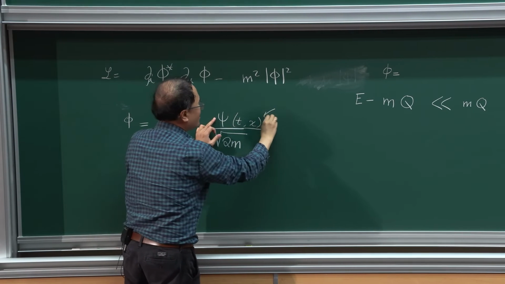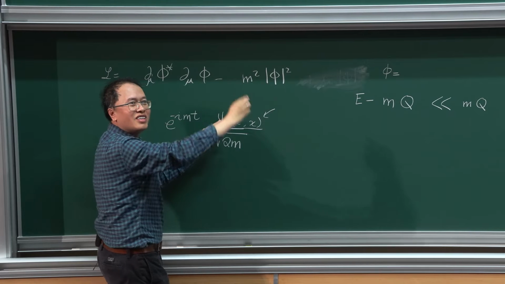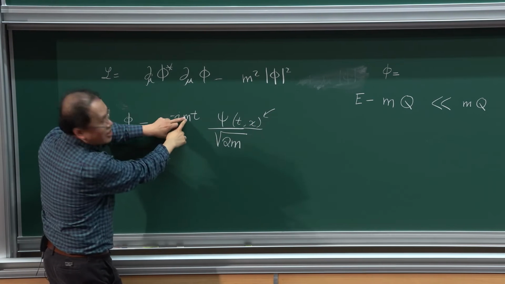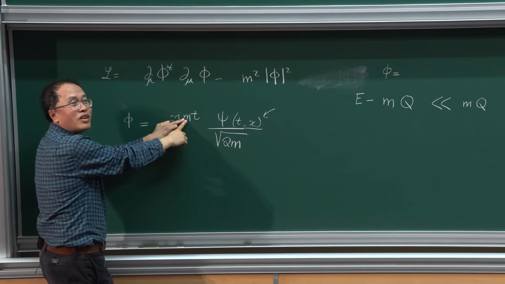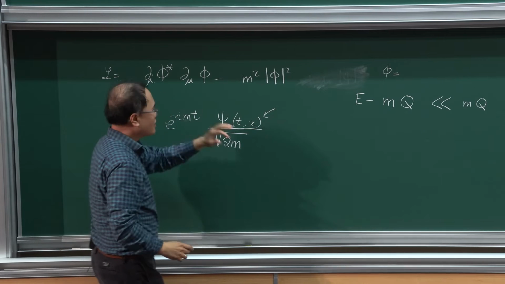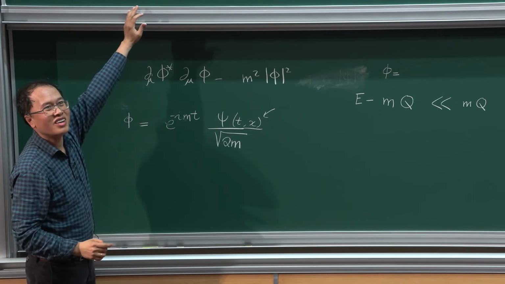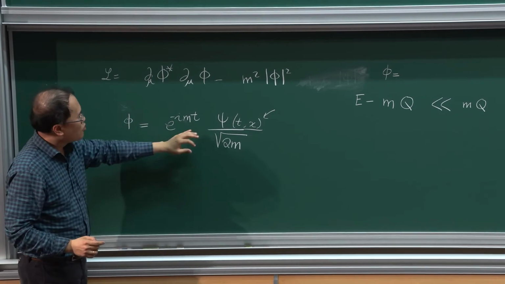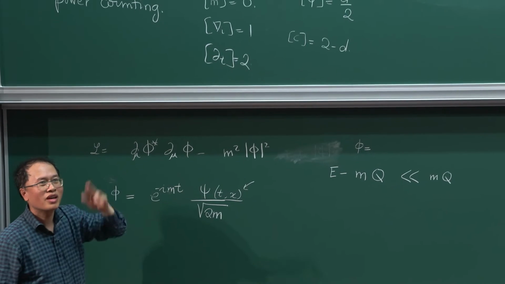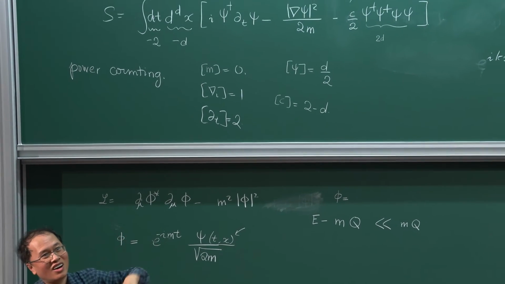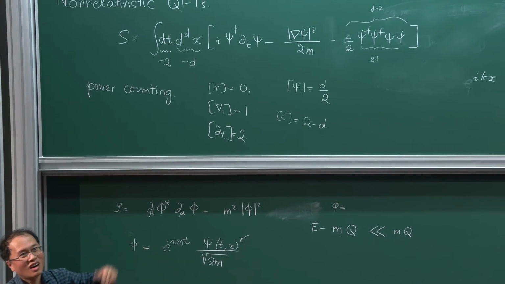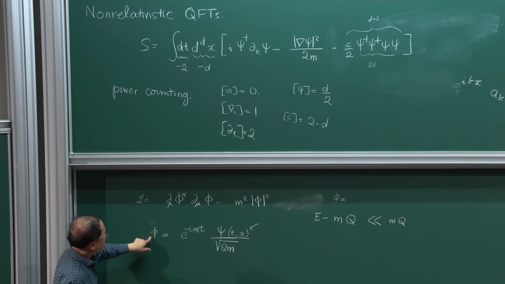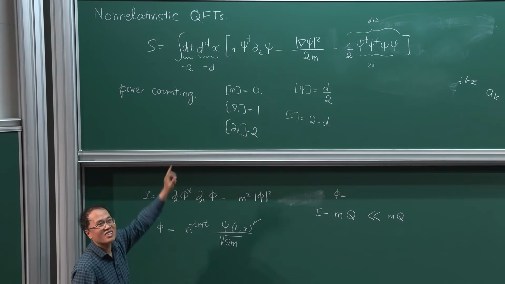So this function psi varies in time over a scale that is much larger than 1 over m. When you substitute that here, and omit in the Lagrangian all terms that have fast phase oscillation, you get back this theory.